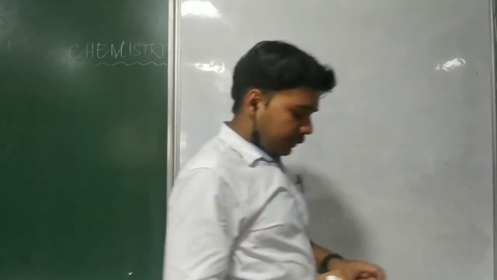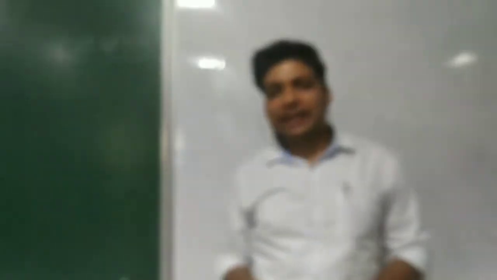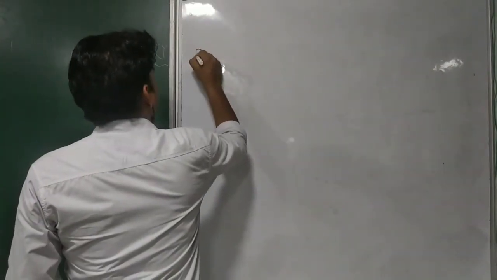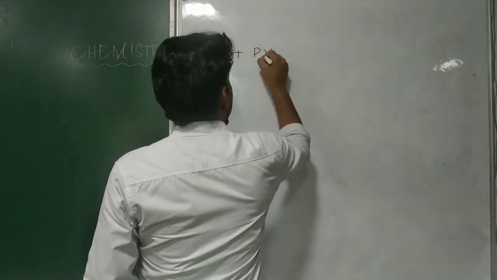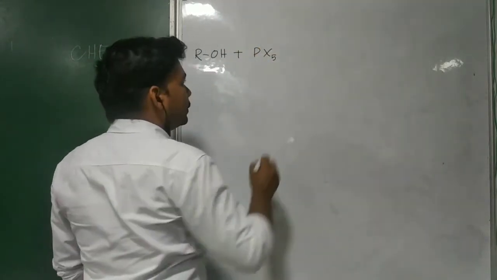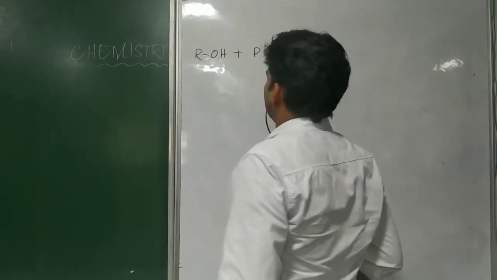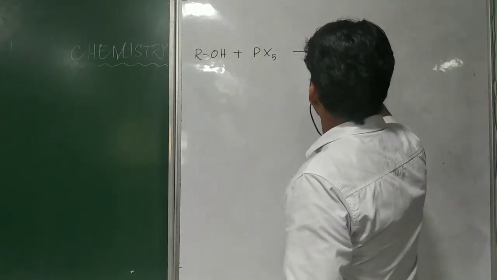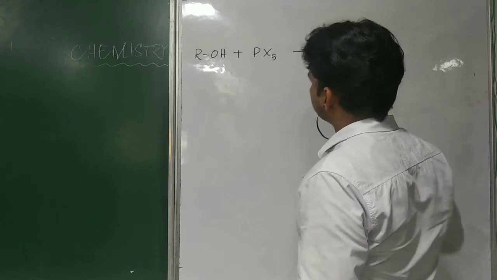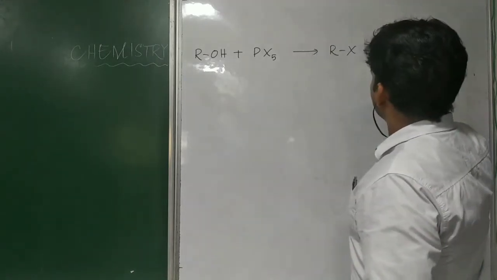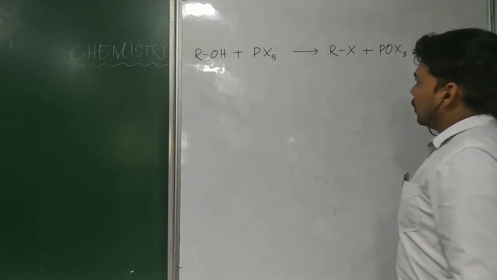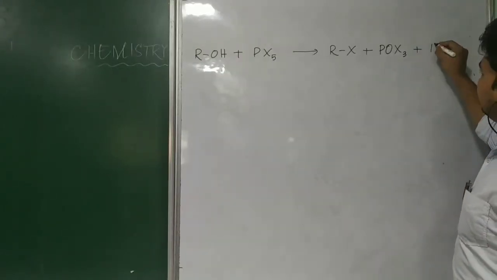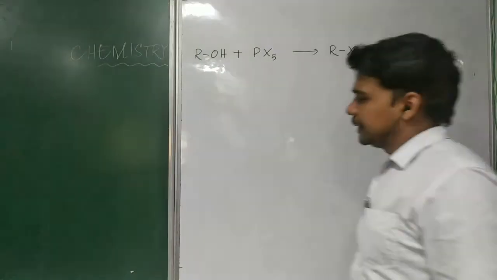Next, we will use phosphorus pentahalide with alcohols. When an alcohol molecule is treated with phosphorus pentahalide, as a result of the chemical reaction, you will get the corresponding alkyl halide. The side products are phosphorus oxyhalide or phosphoryl halide and the corresponding acids.